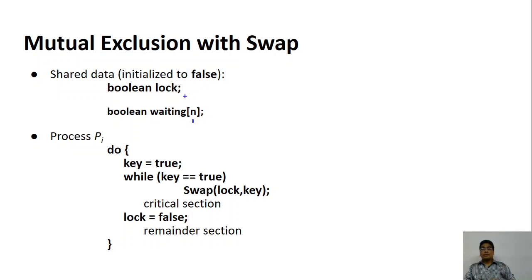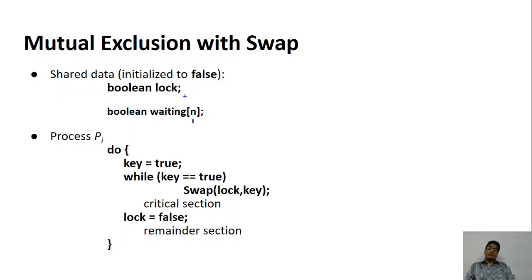If it is locked, you can't do anything. If it is unlocked and you are waiting, then only you will go. So n processes are there here. If all n want to enter, they must wait patiently until the lock is unlocked. If it is unlocked, they can enter.